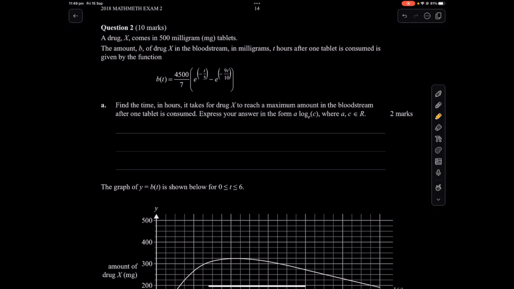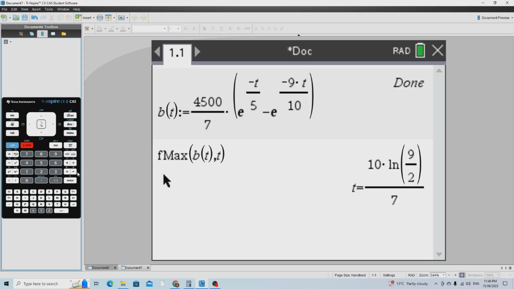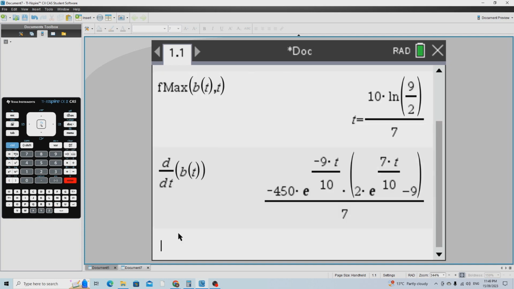Perfect. Because it's 2 marks, let's find b dash of t to show that we've done some working out when it's equal to 0. So b dash of t is what? So let's just do that. d/dt of b of t, and we get this.